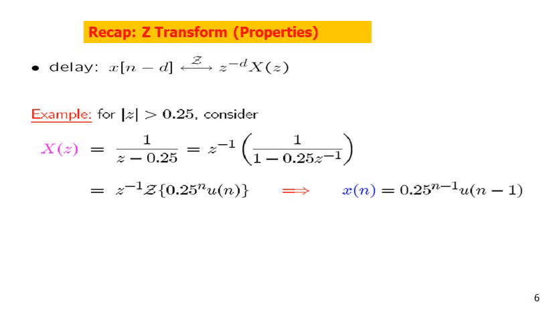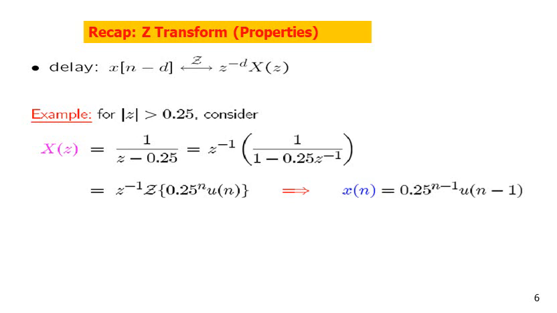Here you will see an example of this property application, which is something different from what we did in the class. This example is to apply this property and find x of n provided you are given x of z. So x of z here is 1 over z minus 0.25, and the ROC is |z| greater than 0.25.